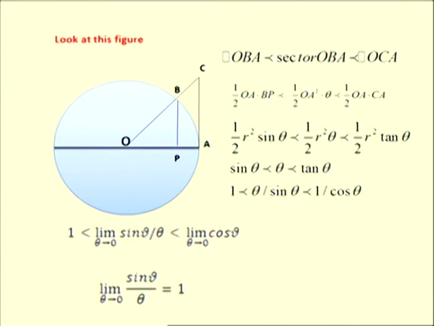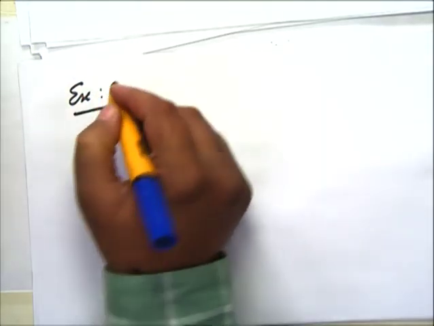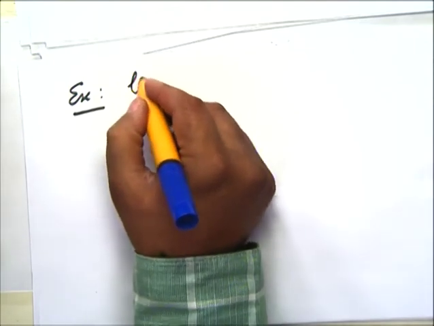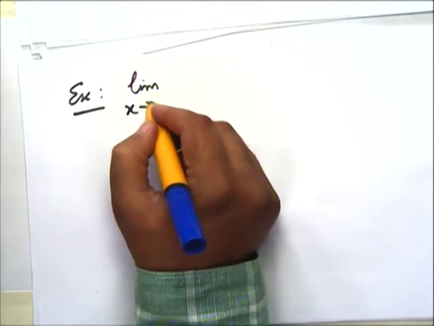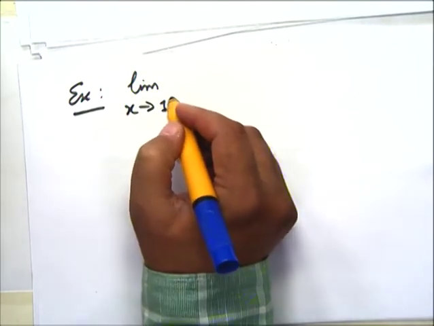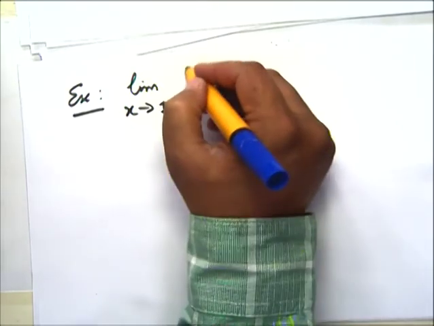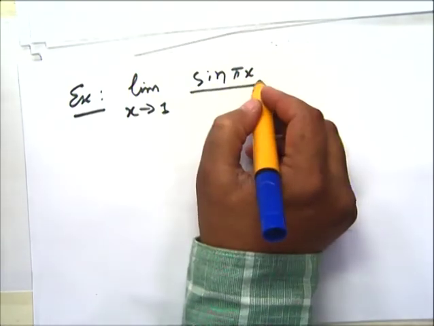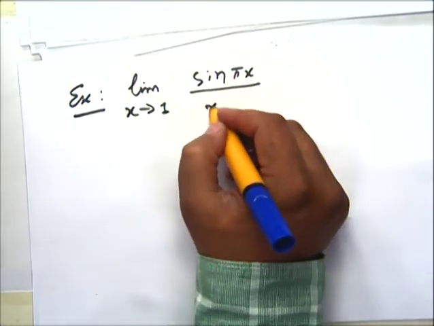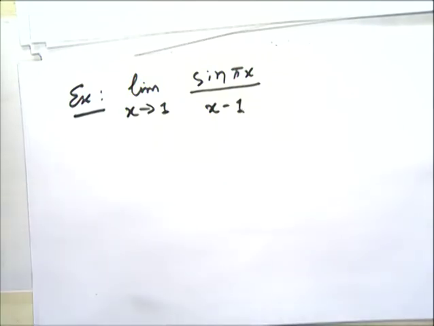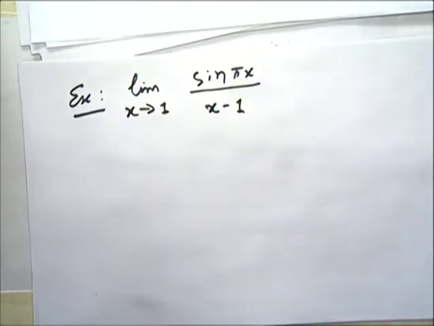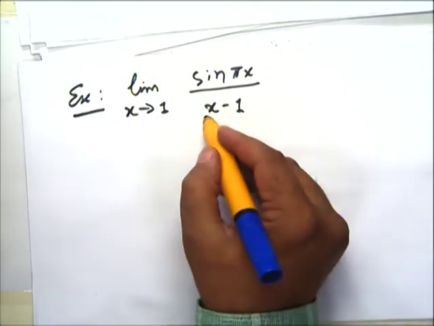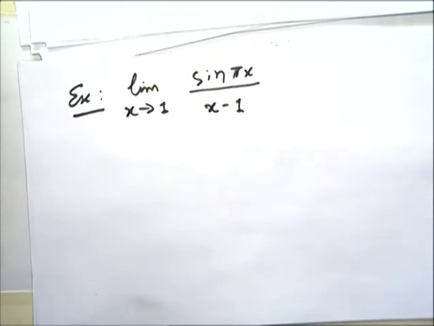Now let us use another example. Limit x tends to 1, sin pi x upon x minus 1. So it is a different kind of example here. x tends to 1, then it will be 0 here.